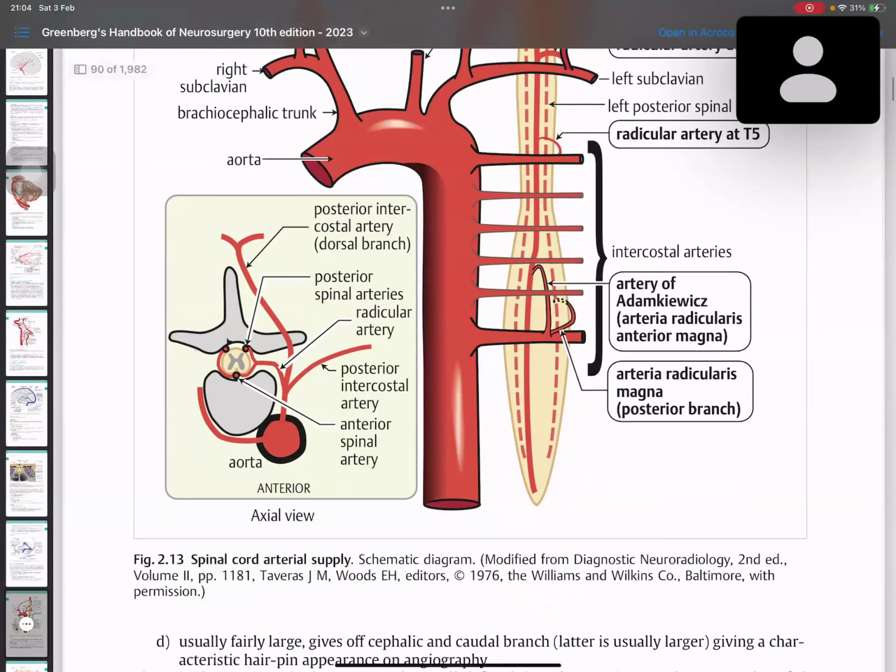Another one is at the thoracolumbar region, where the famous artery of Adamkiewicz can come from the lumbar artery, which comes directly from the descending aorta, or be supplemented directly from the aorta or the inferior intercostal arteries.